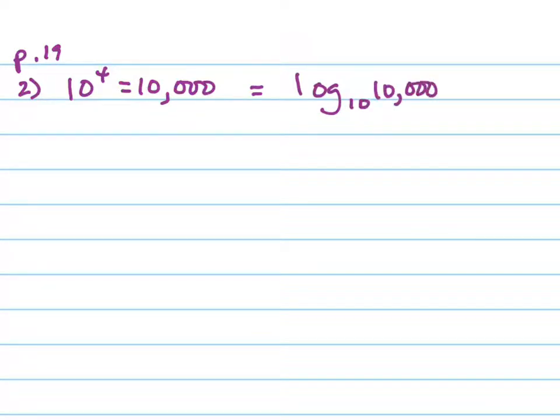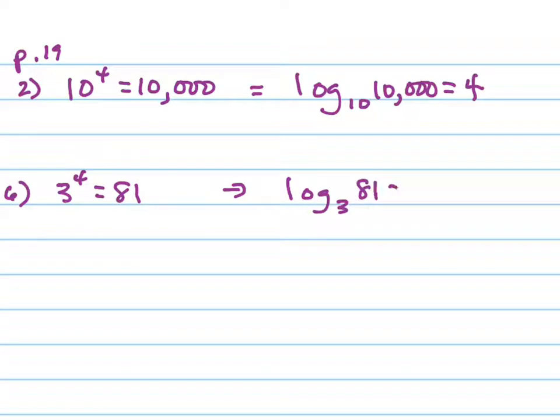Unfortunately, I can't show you the book right now, but you've got it, so you're in good shape. So if you have 10 to the 4th equals 10,000, that simply becomes log base 10 of 10,000 equals 4. So it's just a matter of rearranging, and it doesn't change under any circumstances when all you're doing is converting from exponential to logarithmic notation.